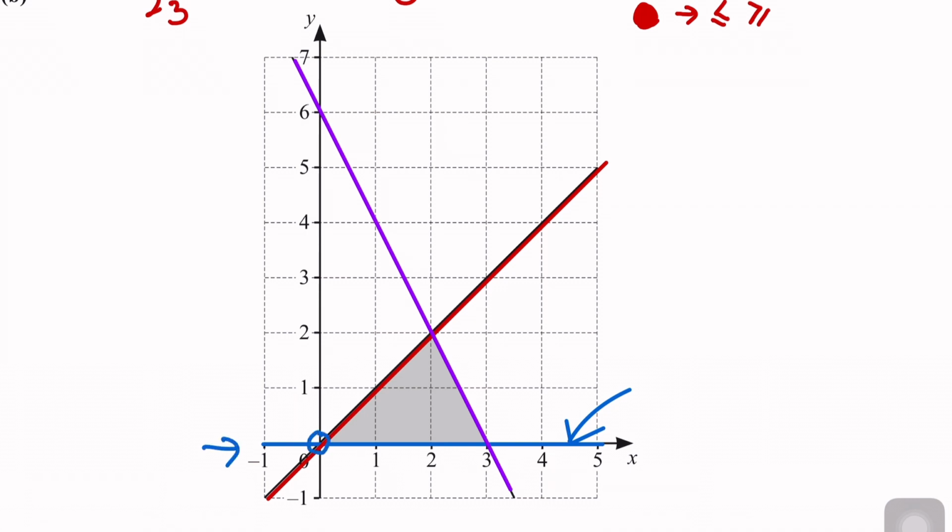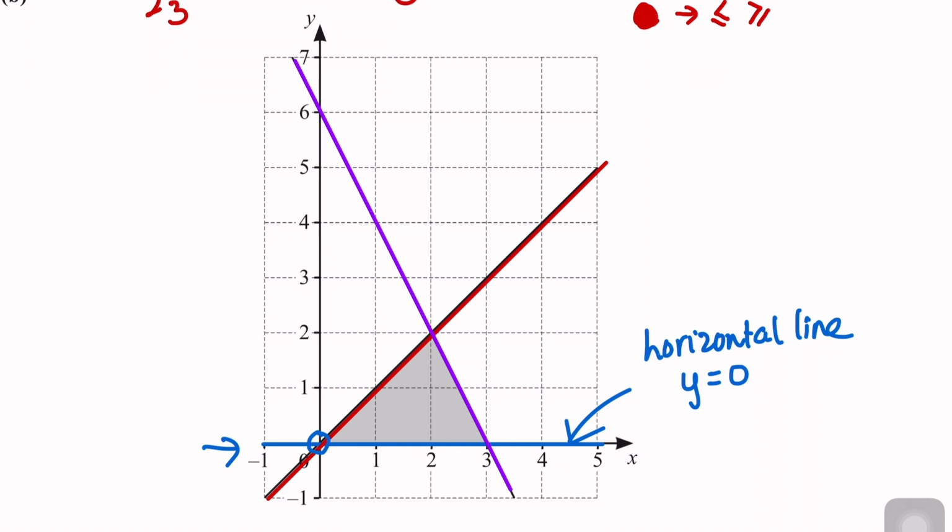So how are you going to form the equation? Since it cuts horizontally at y equal to 0, I shall put y equal to 0 first.